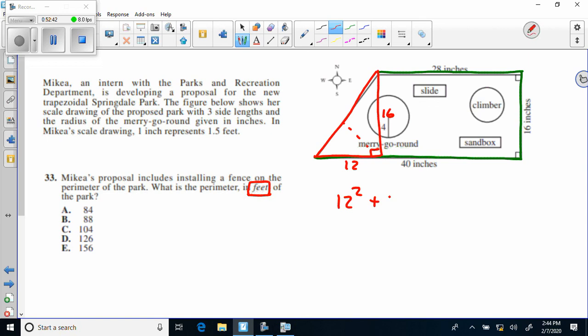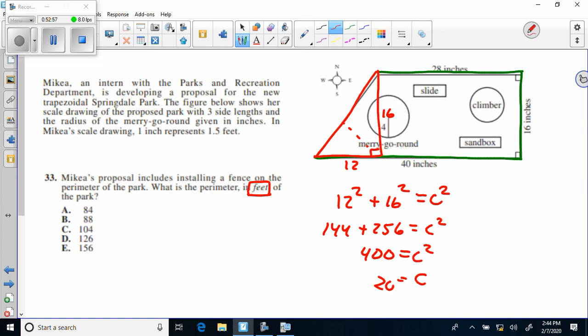So we're going to go 12 squared plus 16 squared equals c squared. And so that's going to be 144 plus 256 equals c squared. If you add those together, you get 400 equals c squared. So c is 20. And so this side right here is 20.